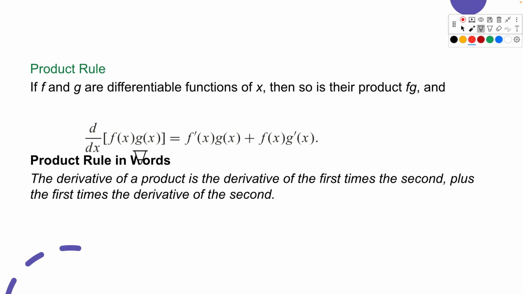I'll caution you, if you look up on the internet, they do this a little differently. We're going to see when we get to the quotient rule, if you do it the way that has been standard taught, they have you take the derivative of the second one first and then the other one. That always messed me up when I went to do the quotient, because they do it in the other order.